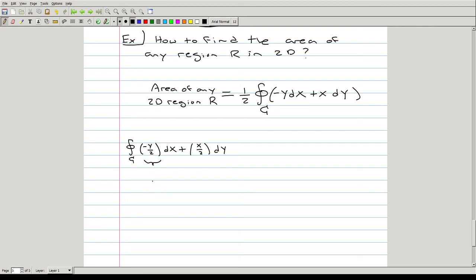So in Green's theorem, this is our P, and this is our Q, and so this is equal to the double integral over the region R of the partial derivative of Q with respect to x, which is 1/2, minus the partial derivative of P with respect to y, which is negative 1/2.